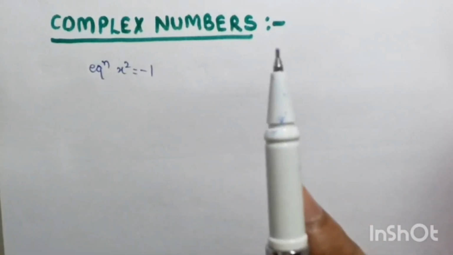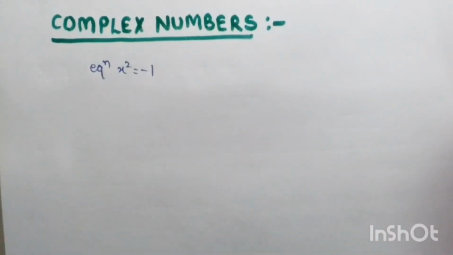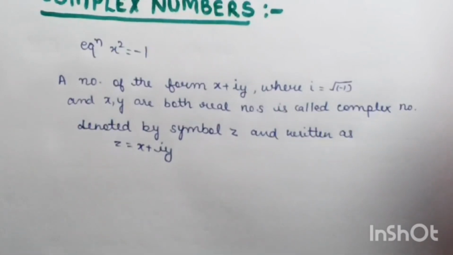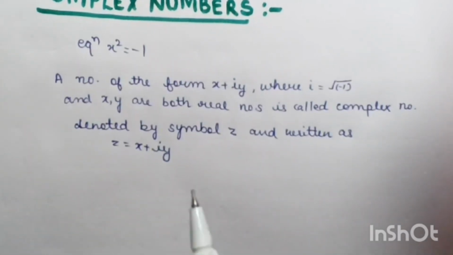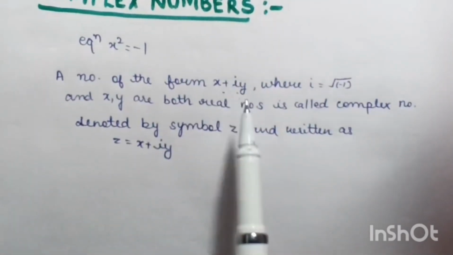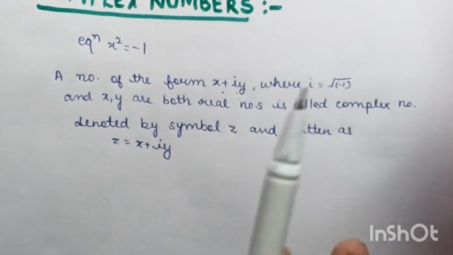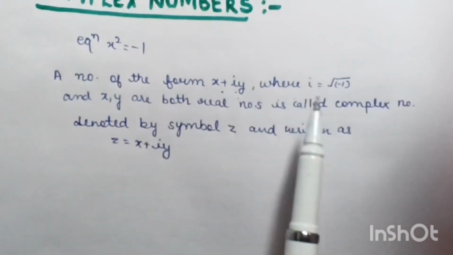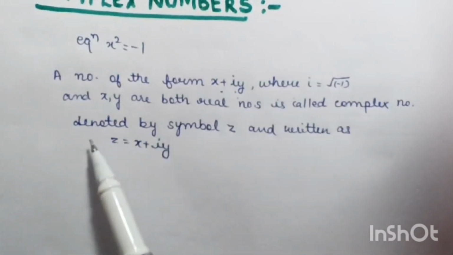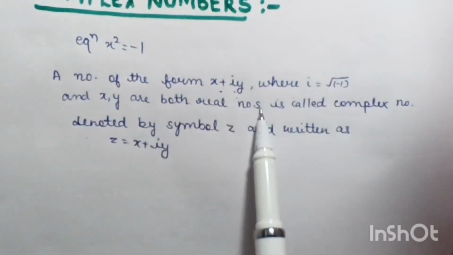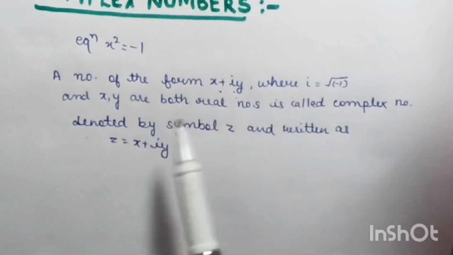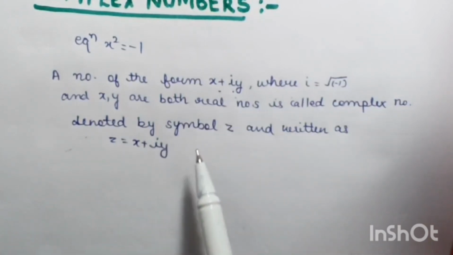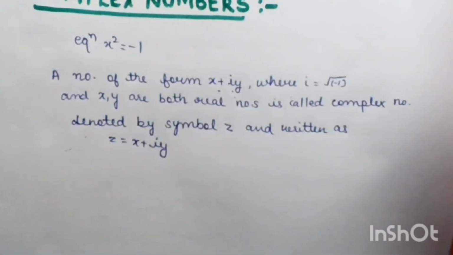So what is the basic definition of complex numbers? A number of the form x plus iy, where i is the iota, that is, x plus iota y, where iota is under root -1 and x, y are both real numbers, is called a complex number, denoted by the symbol z and written as z equals x plus iy.